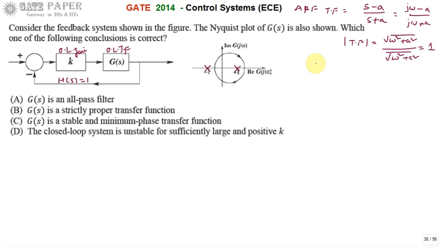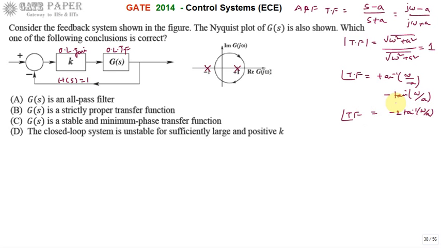So all the frequency components are amplified by 1. But the phase shift of this transfer function is tan inverse of imaginary by real, that is tan inverse of omega by minus A, minus, for the pole in the denominator, tan inverse of omega by A. This minus can be taken out, so the phase shift can be written as minus 2 tan inverse omega by A. Even though all the frequency components have unity gain, the phase differs depending on the frequency.